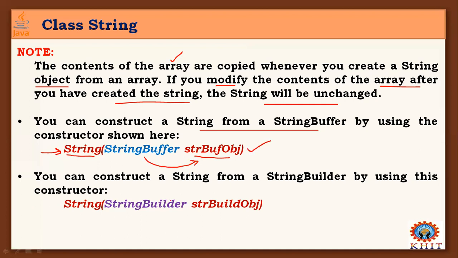The same way, you can do the same process with the StringBuilder class, using the string constructor with an object of the StringBuilder class. Later, at the end of this chapter on string handling, we will see the differences between the StringBuffer and StringBuilder classes, and why we actually require two types of classes for the same operation, modifying strings.